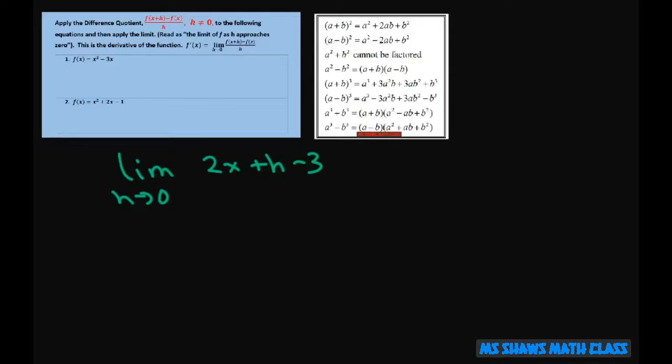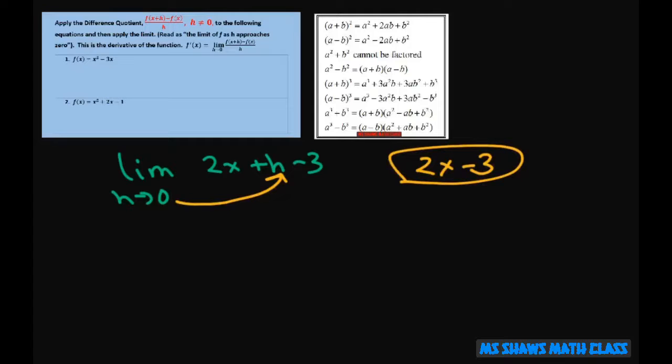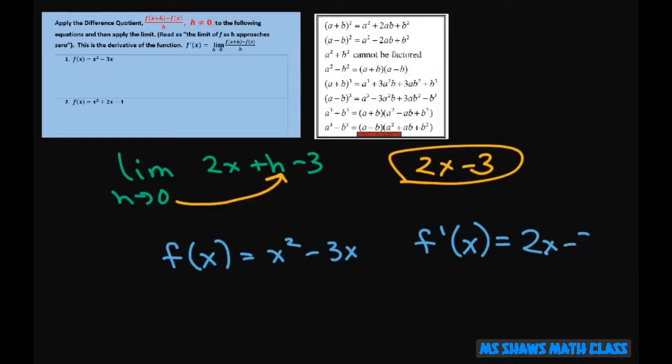And when you apply the limit now, plug that 0 in, you're going to get 2x minus 3. That's your answer. Therefore, for f of x equals x squared minus 3x, the derivative of f of x, or f prime of x, equals 2x minus 3.